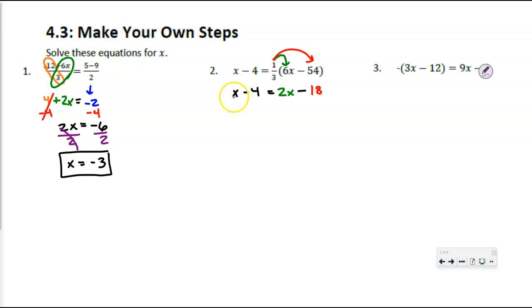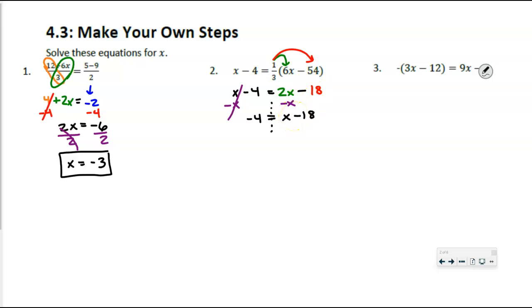We can see I have x tiles on each side. I only want the x tiles to be in one place, so I'm going to subtract x and balance it, do the same thing to the other side. X subtract x zeroes out, and it leaves me with, be careful here, not just 4, but it leaves me with negative 4. And that's equal to 2x, subtracting an x leaves me with just a single x, minus 18.